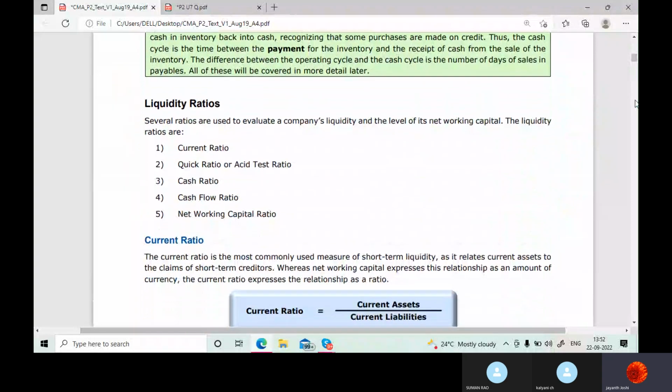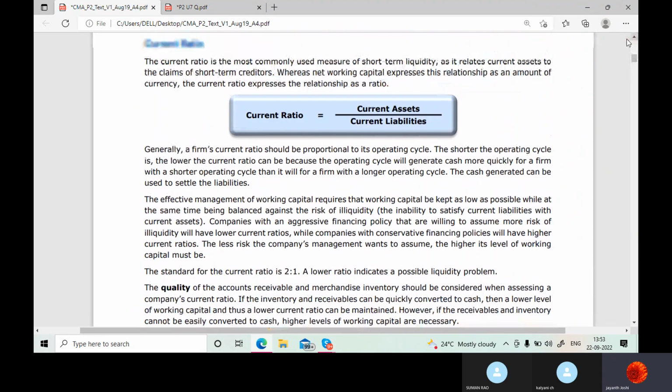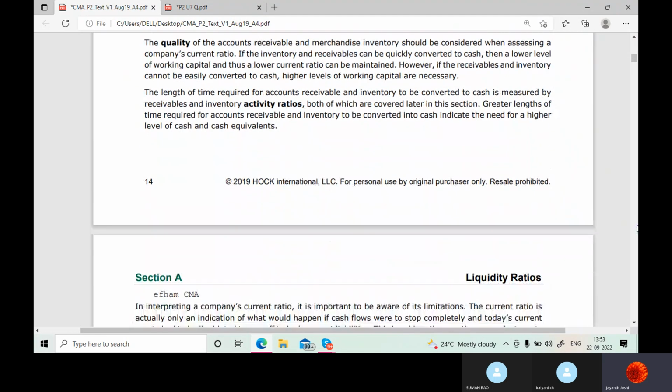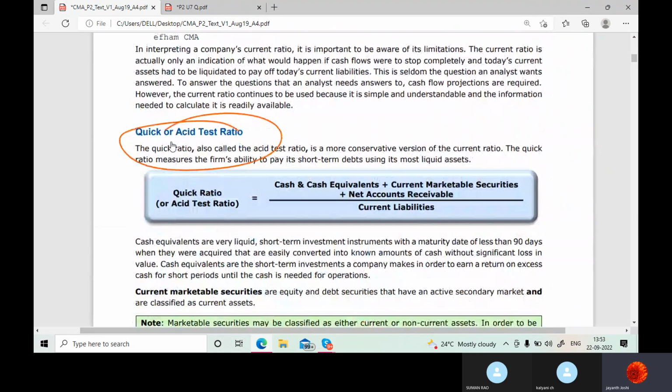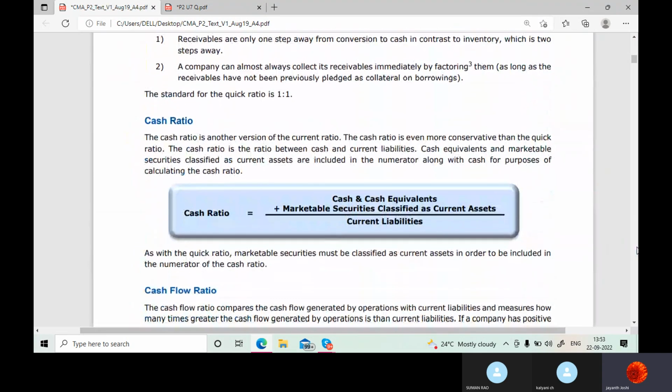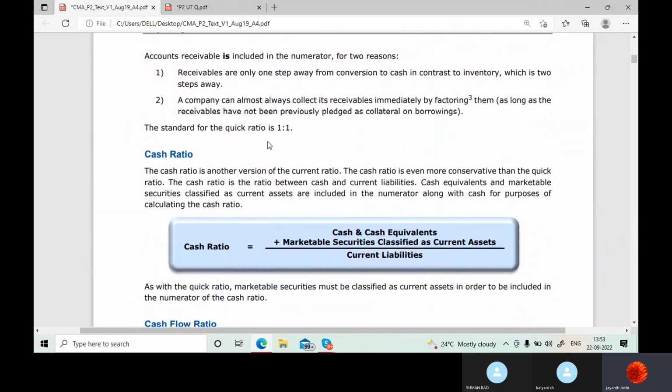And any doubt, see, this is current ratio, this is quick ratio, cash ratio. These two I have to explain, so don't worry, I'll explain to you. But the point here is, read the current ratio thoroughly. Everything is given. If you've got any doubts, any line you're not able to understand, please bring it to my notice. I'll be very happy to explain.